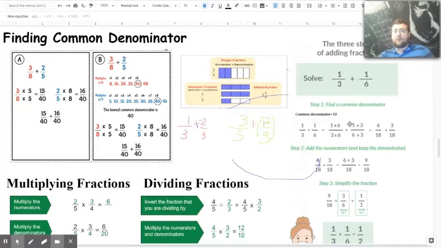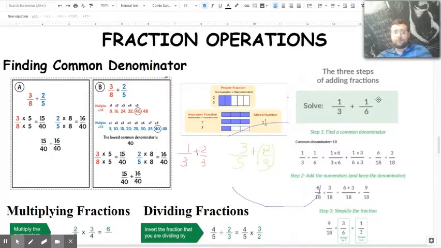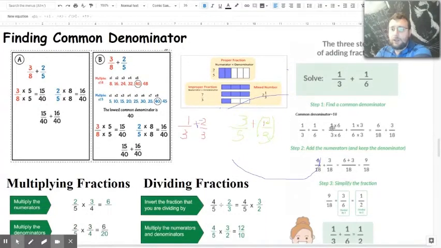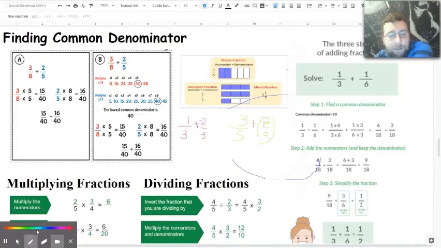So if you remember from 5th grade, when you have to add fractions, the most simple way of doing that is to first find a common denominator. Now, the common denominator is the smallest multiple that you can find that both of these guys have in common. But there is a shortcut that sometimes works easier, which is just multiplying the first fraction by the denominator of the second fraction.